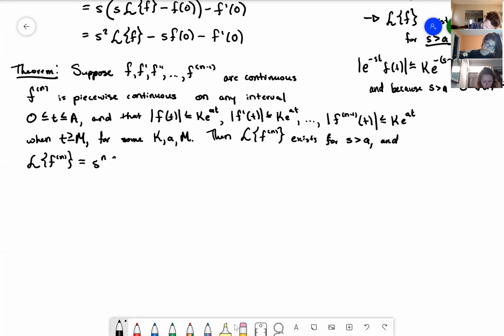s to the n times the Laplace transform of f minus s to the n minus 1.